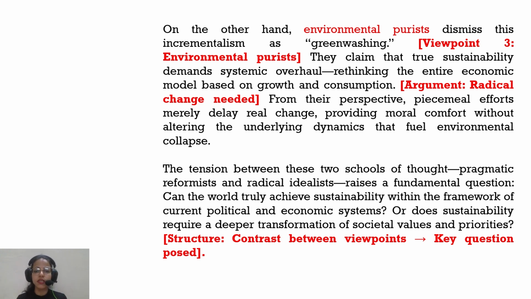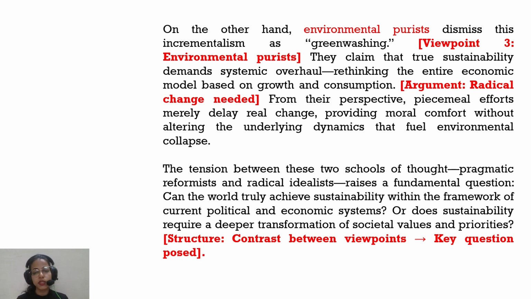We need some systemic reform, some big structural reform that is going to be helpful. So then the paragraph ends. From their perspective, piecemeal efforts, meaning baby steps, small steps, merely delay the real change, providing moral comfort without altering the underlying dynamics that fuel environmental collapse.